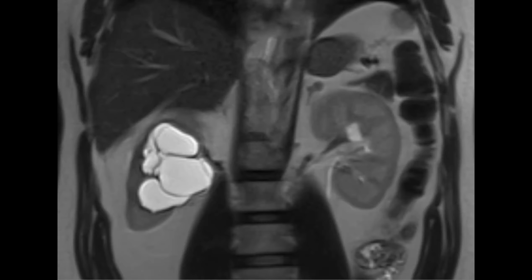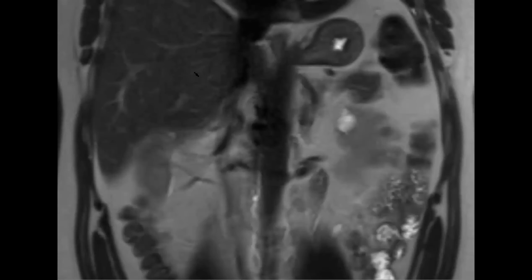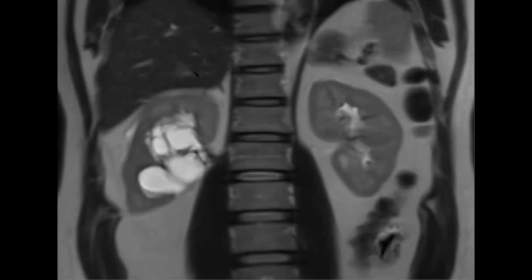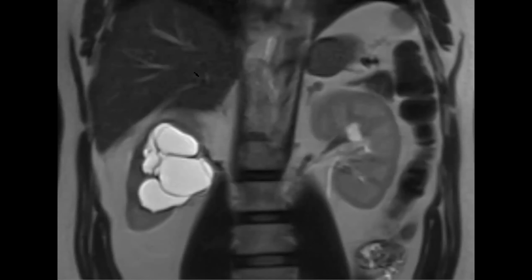In regards to Bosniak 3 and 4, unfortunately, they are either Bosniak 3 or they can have a solid component and look like Bosniak 4. More often than not, they end up being removed because not a lot of centers actually do active surveillance for these.